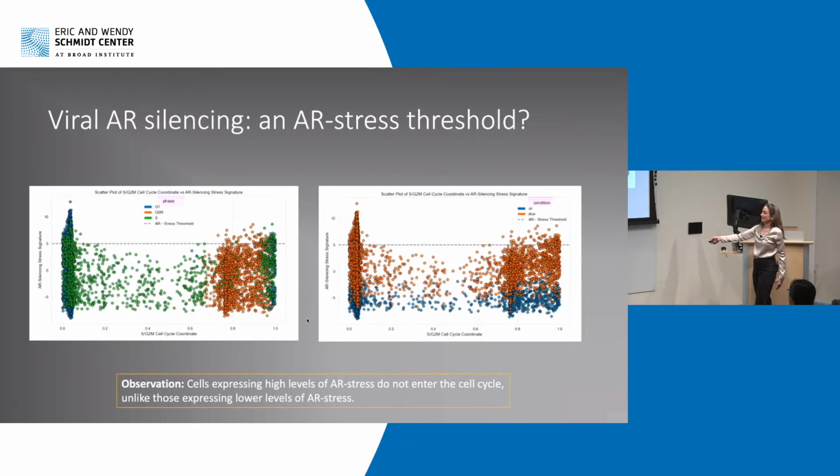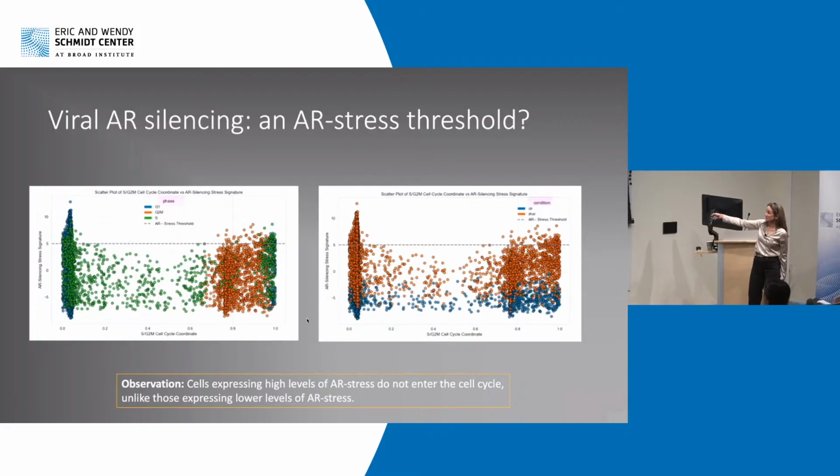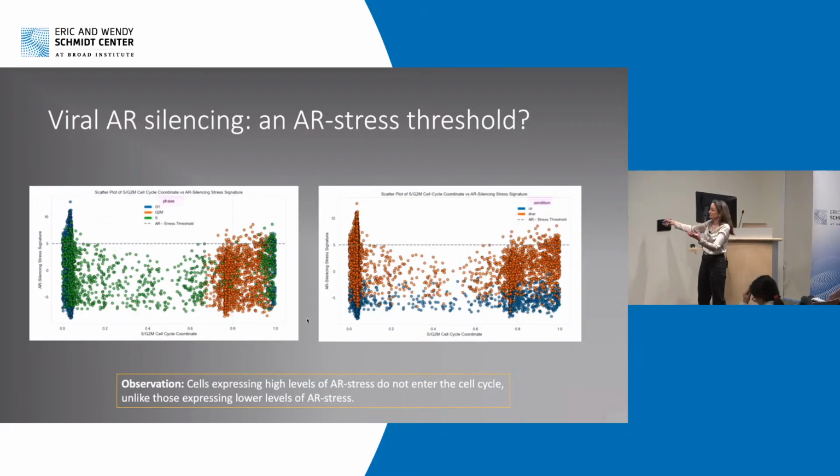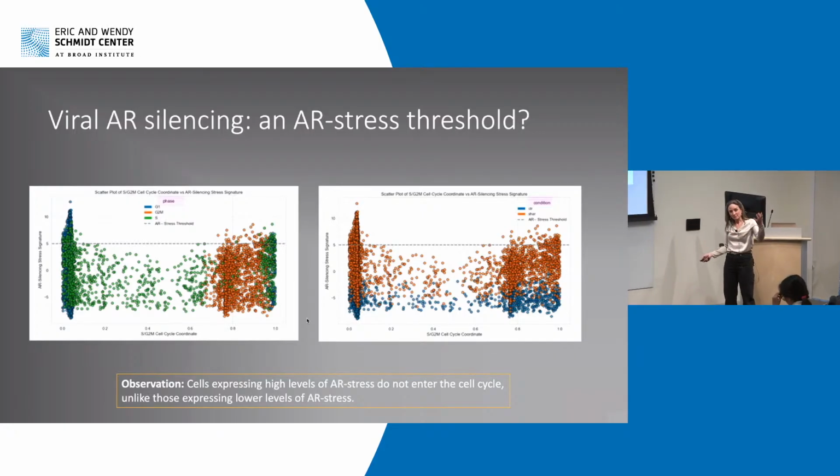So the cells expressing high levels of this androgen receptor stress don't enter the cell cycle, but those that are lower seem to be able to. So there's some degree of resilience to what's going on. It's a phenotype that we're seeing expressed here in terms of how resilient they are to this androgen receptor stress.